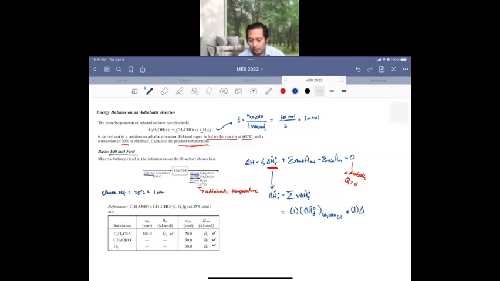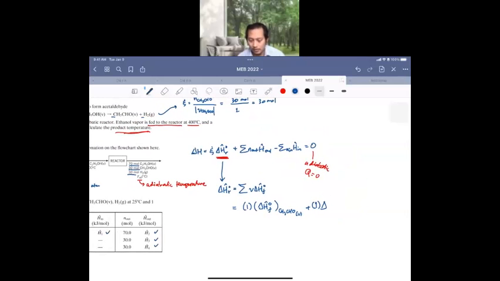This is the stoichiometric coefficient, the 1. So the product minus the reactant, sorry, it should be ethanol.